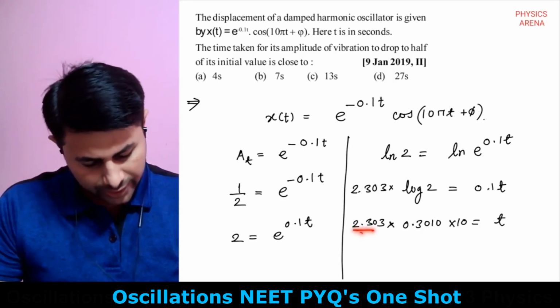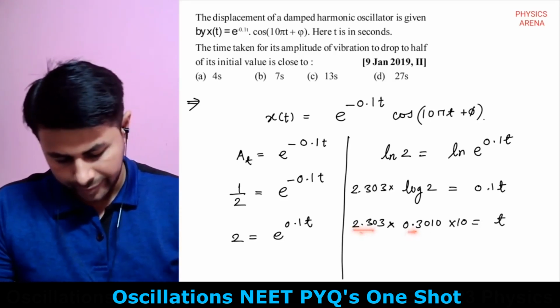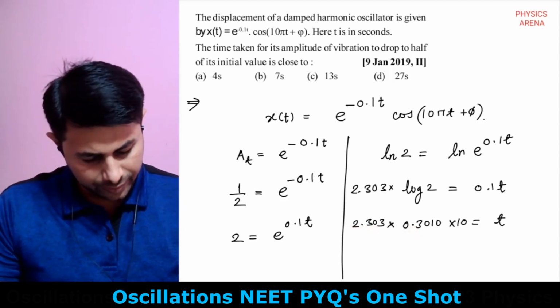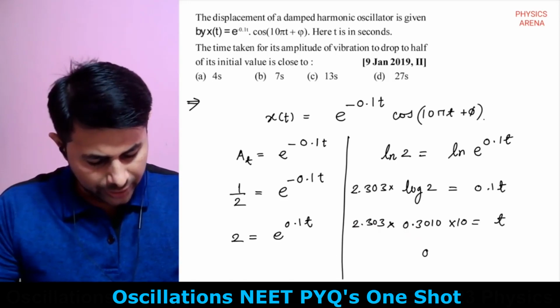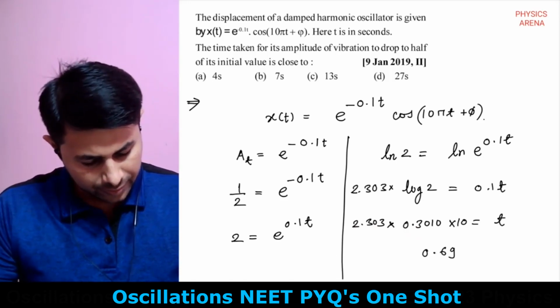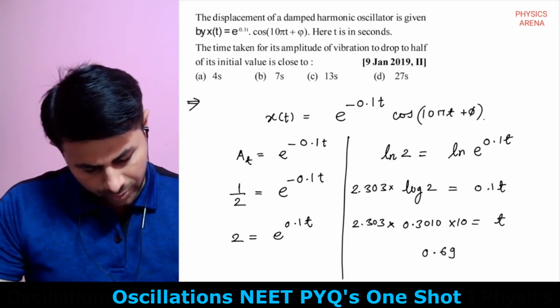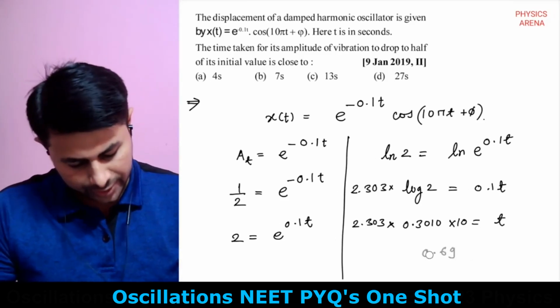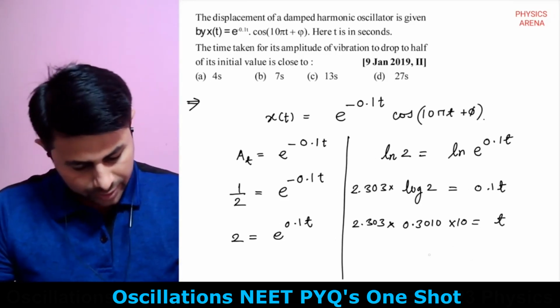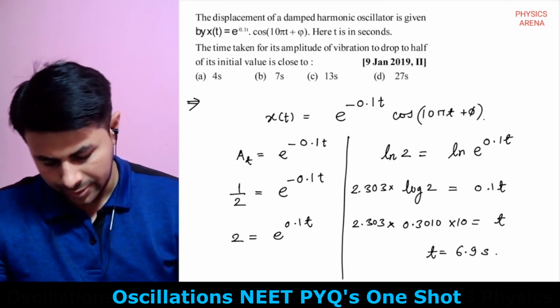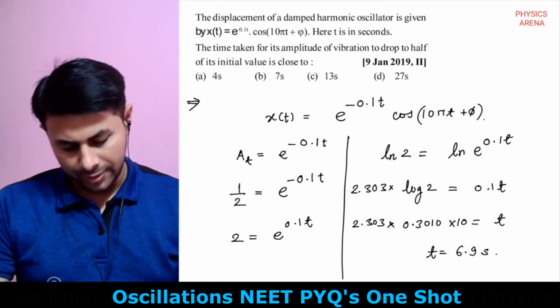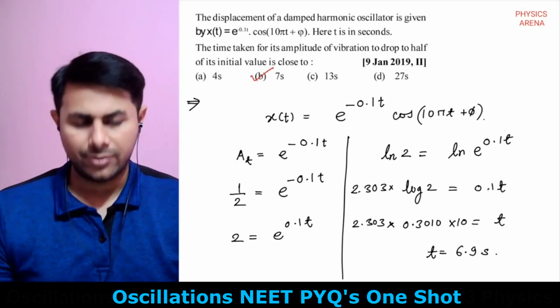This thing, 2.3 times 3, 6.9. So t equals 6.9 seconds, so it is option B.